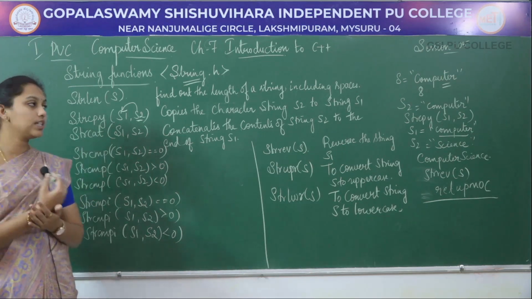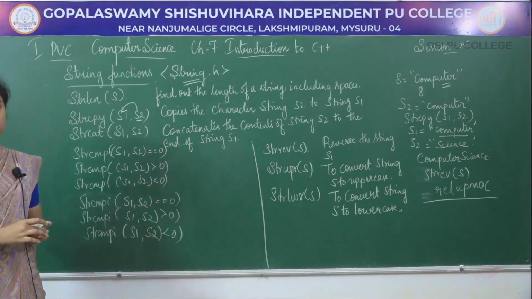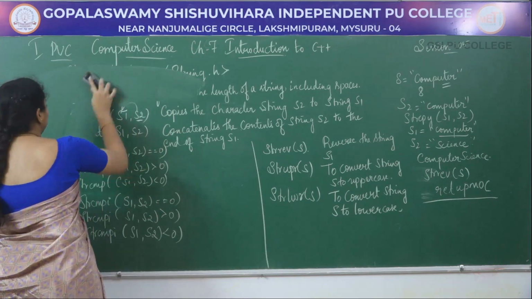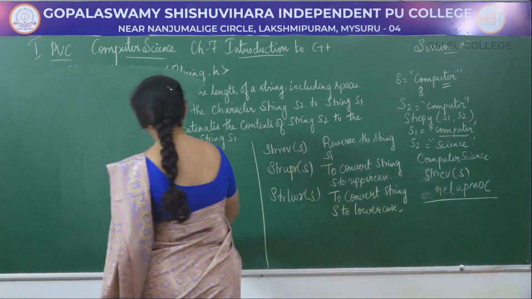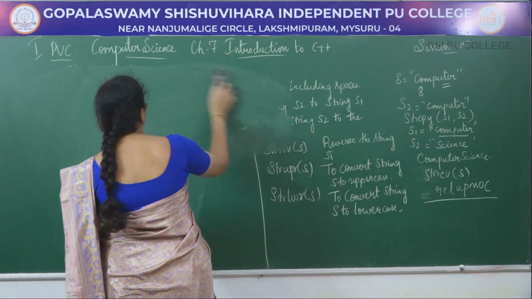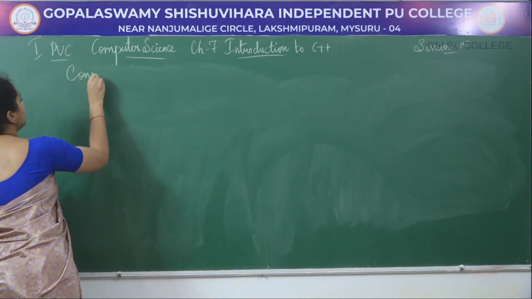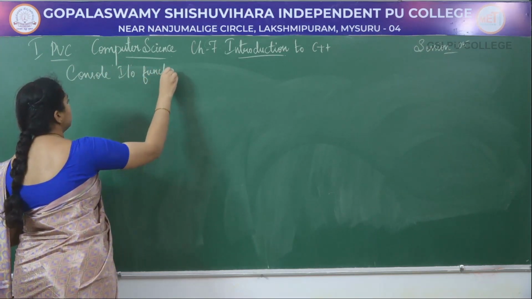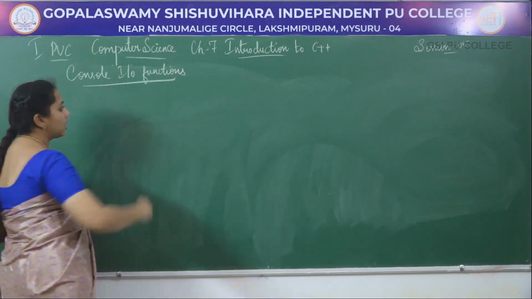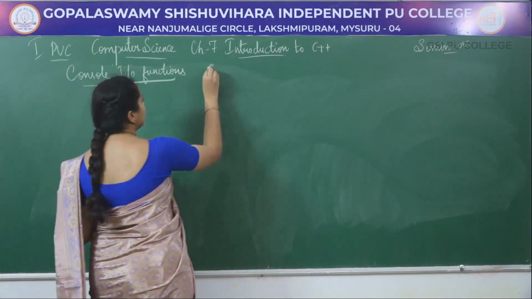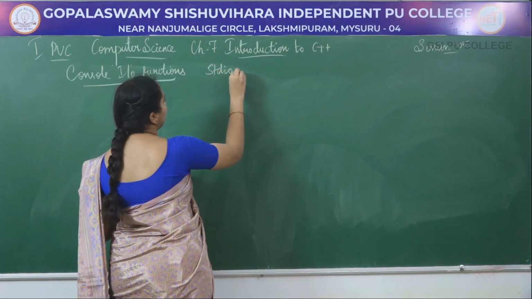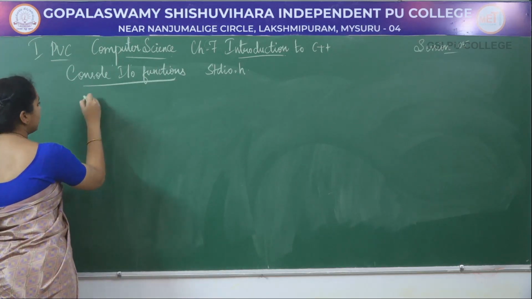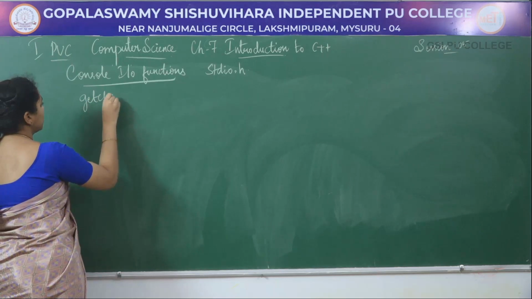Next type of function is console input output functions. To use these functions, we have to include stdio.h as the header file. So which are all the console input output functions? First one is getchar function.